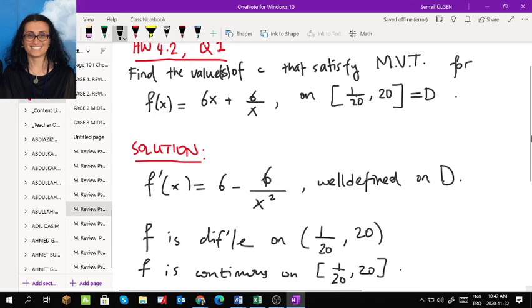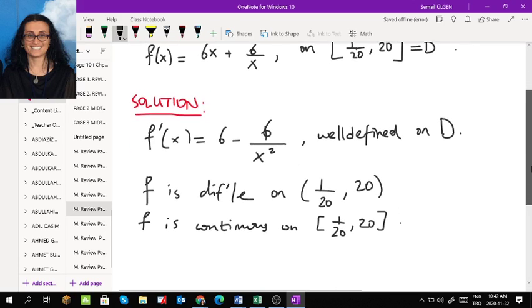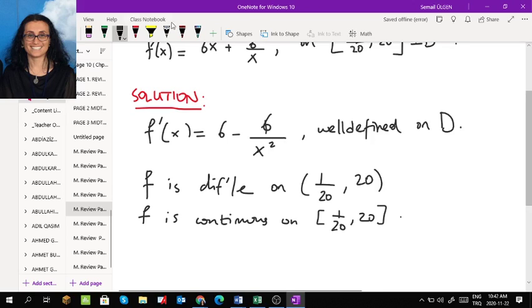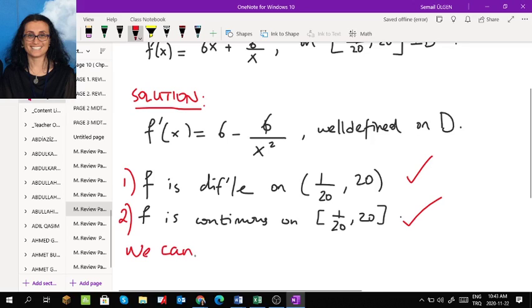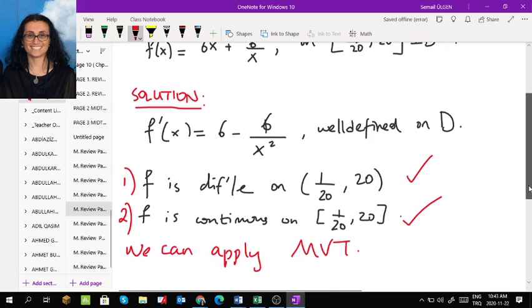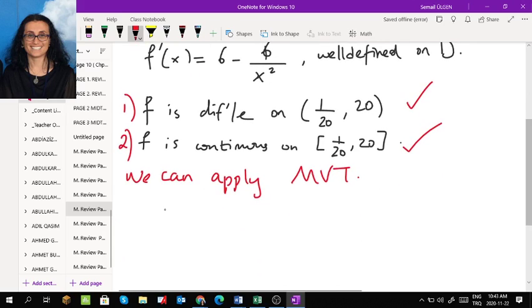So the two conditions of the mean value theorem are satisfied: condition 1 and condition 2 both check. So we can apply the mean value theorem, and the mean value theorem says this.